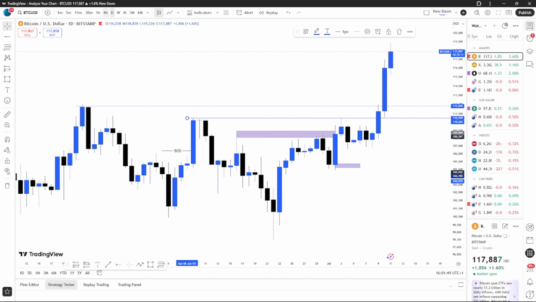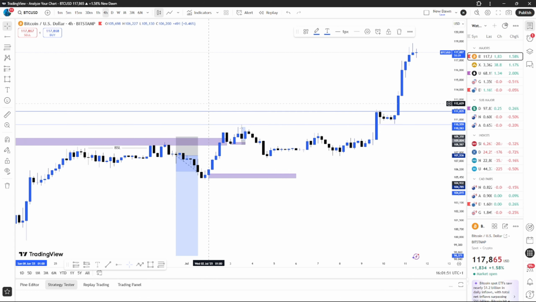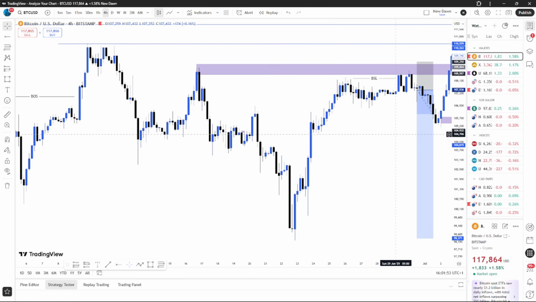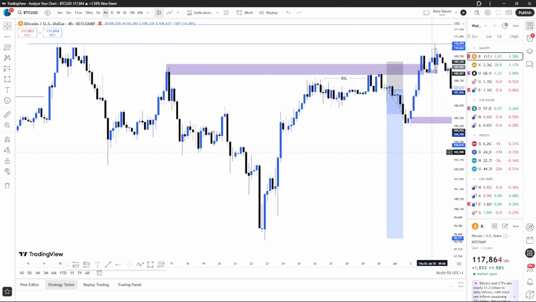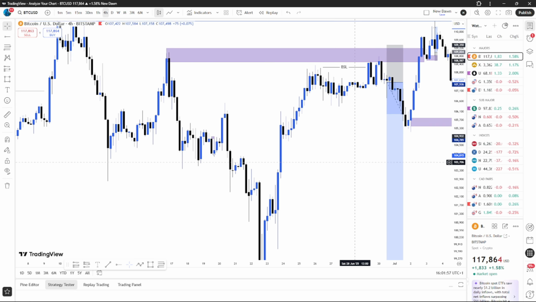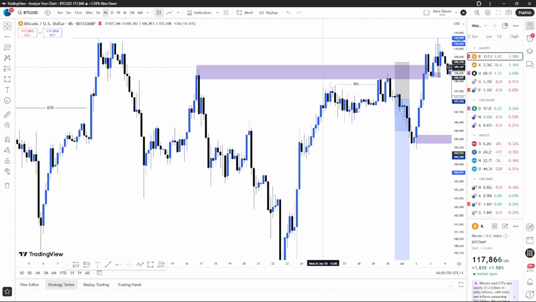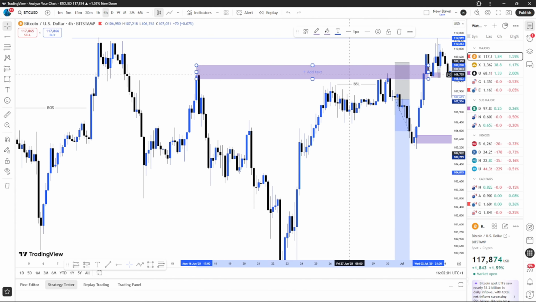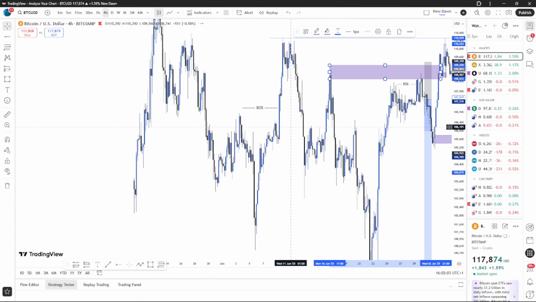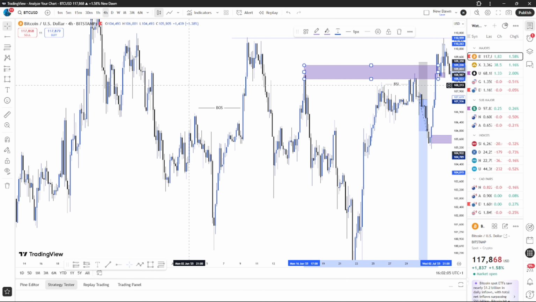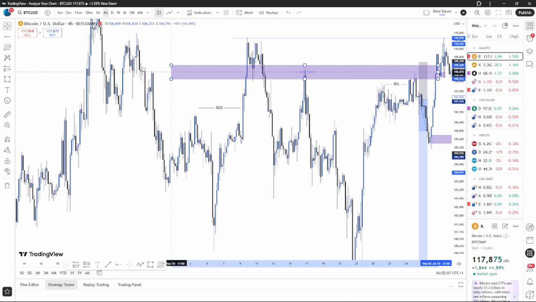So what we did was we went to a lower time frame, right? Remember that the supply zone that we drew, this supply zone that we found here for the sales, apparently that supply zone happens to be a key level too. Because if you expand it, you can confirm yourself that this is a key level, right?